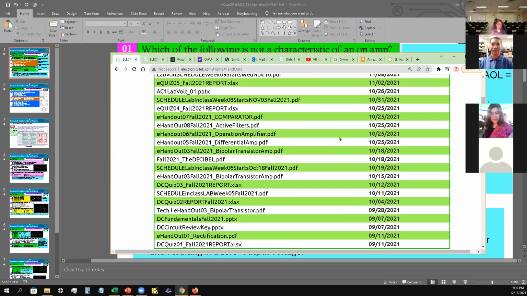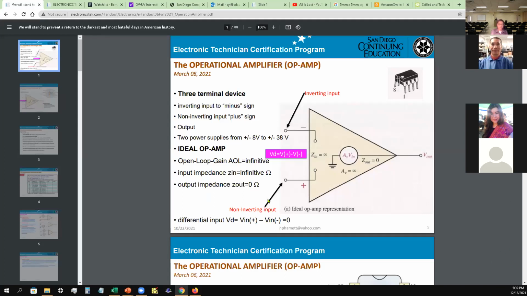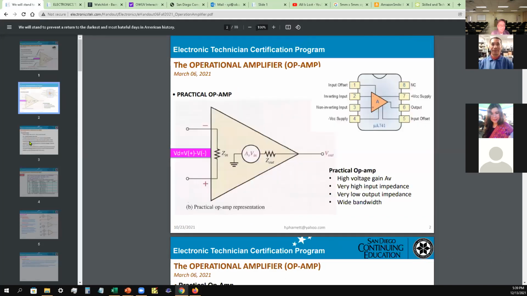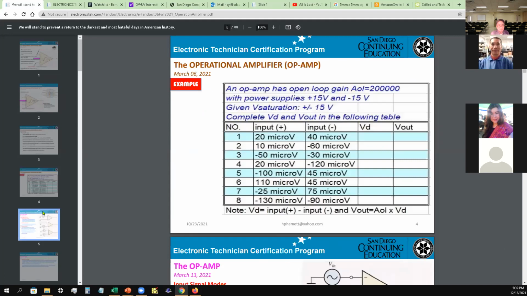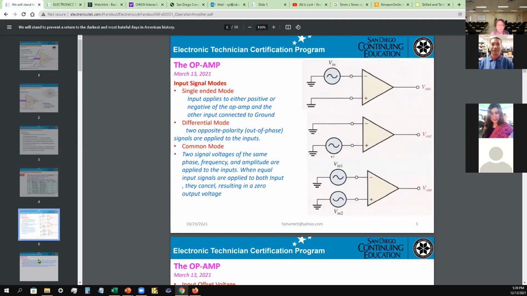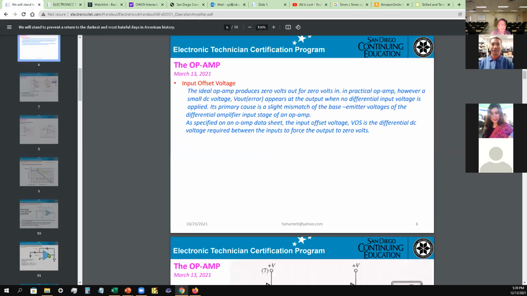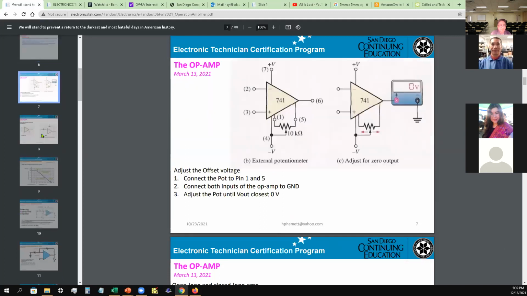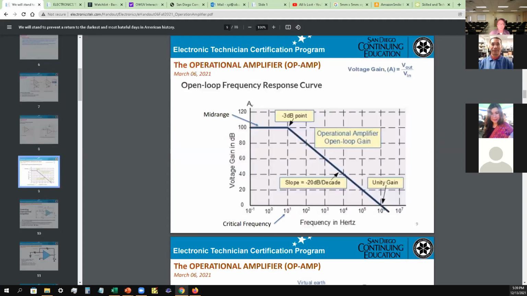What's the expected gain from input to output? Going down. Okay, keep going down, just going down until we can see it. Right here. That is the one.